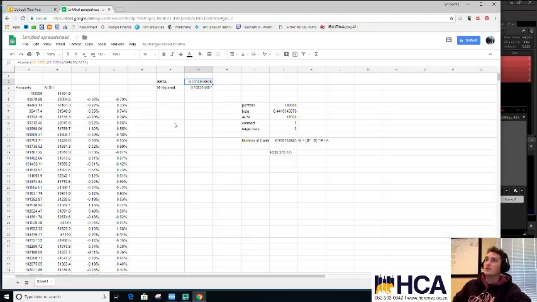So here I'm working out beta. The formula is the covariance of this C column, every one of these individual values, divided by the variance of D, the index values. So you're looking at the covariance of these two divided by the variance of the index you're going to be using to do your hedging with.